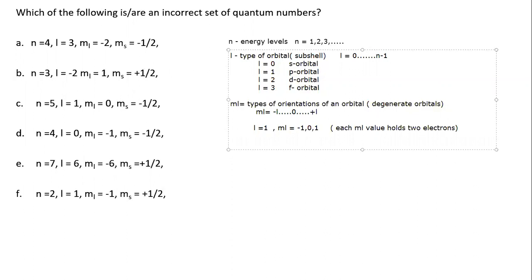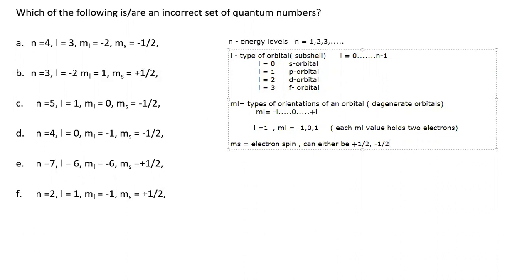And then lastly, we have M sub S, which is the electron spin. The electron spin can either be plus a half or minus a half. Only one electron can be plus a half and one electron minus a half.